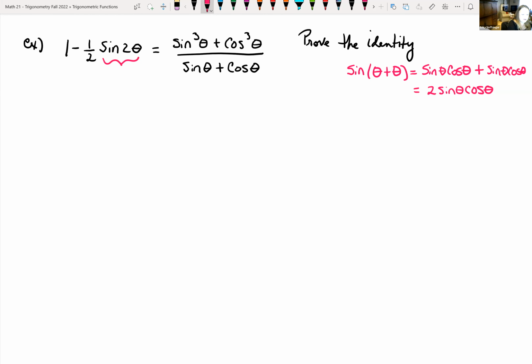So let's rewrite what sine of 2 theta is using that. So we have 1 minus 1/2 all times sine of 2 theta, which we just said was 2 sine theta cosine theta. So here our 2's cancel, and we're left with 1 minus sine theta cosine theta.